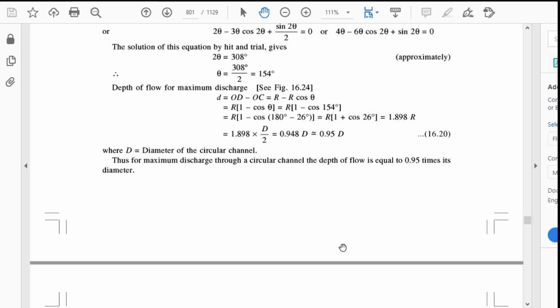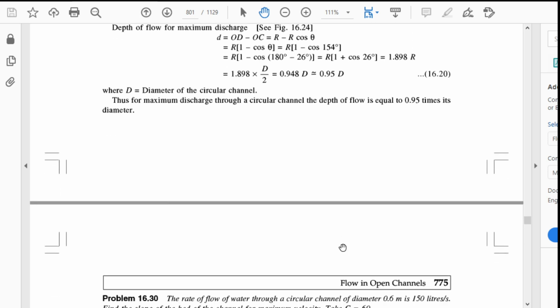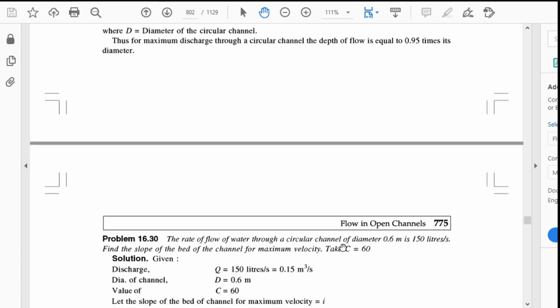So consider it and find the value of hydraulic mean depth. Now we'll move further to the numericals.